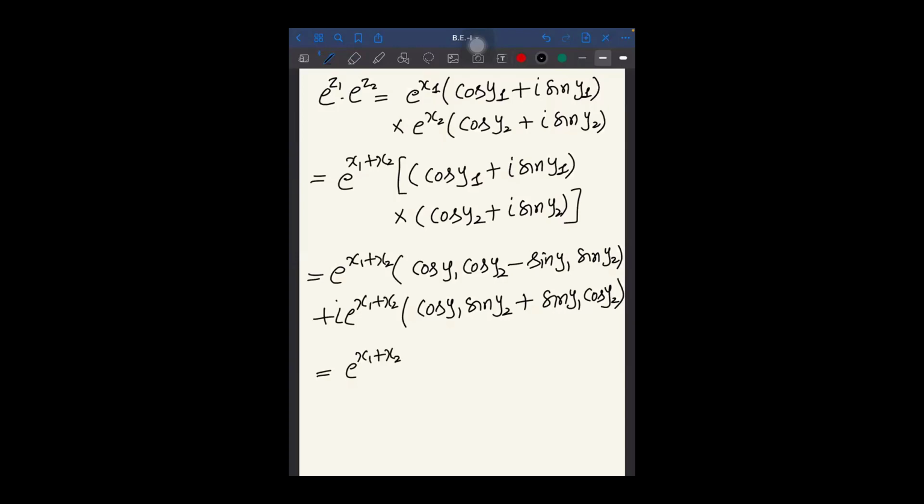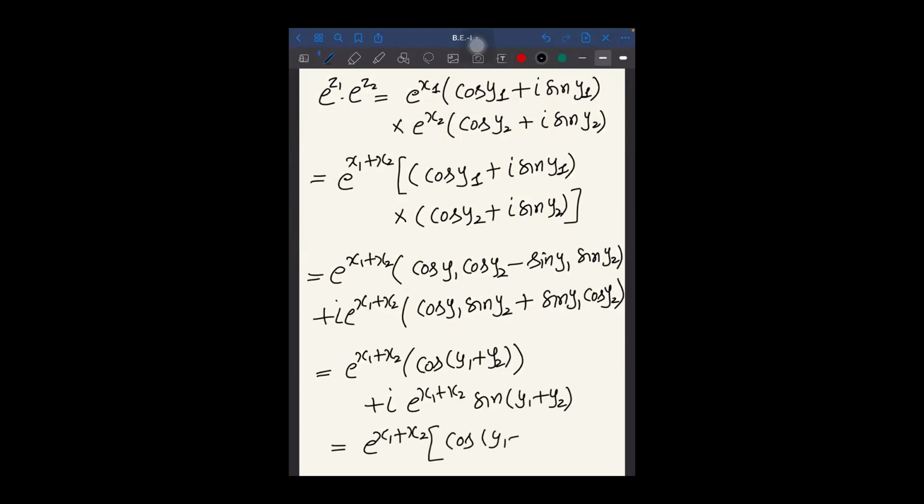So this will become cos of y1 plus y2, plus iota times e^{x1+x2} sine of y1 plus y2. So that will be e^{x1+x2} times cos of y1 plus y2 plus iota sine of y1 plus y2. Right?